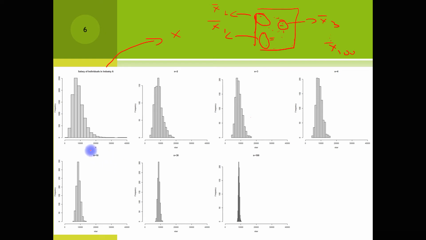But as n is increasing, n gets to 10, n gets to 30, n gets to 100, you would observe that this skewness has disappeared completely. Previously it was something like this.